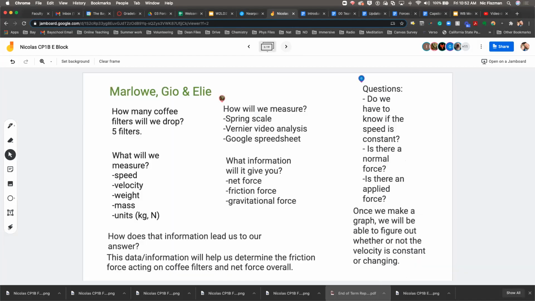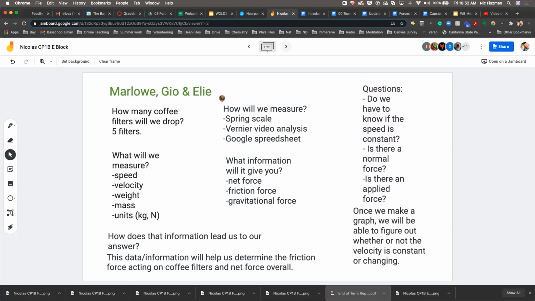Okay, room 3, Marlo, Gio, and Eliam. Okay, so first, we said that we're going to use 5 coffee filters at a time for our experiment. And we also established what we will measure, which would be the speed, the velocity, the weight, and the mass, and of course using units, which would be kilograms and newtons.